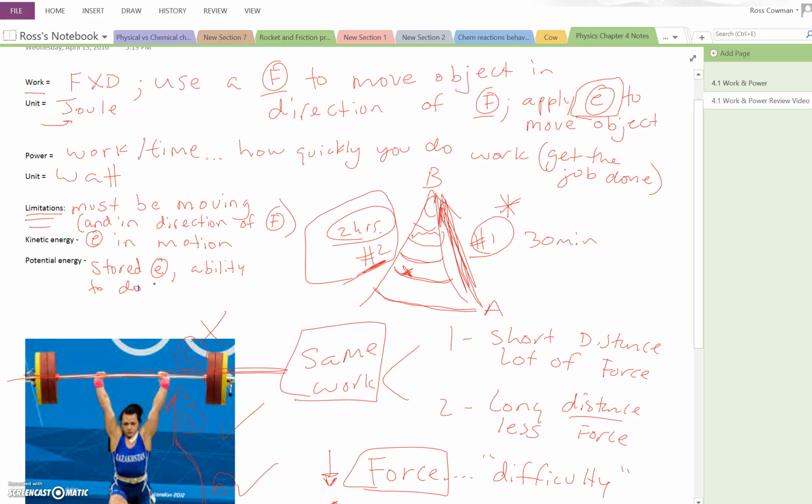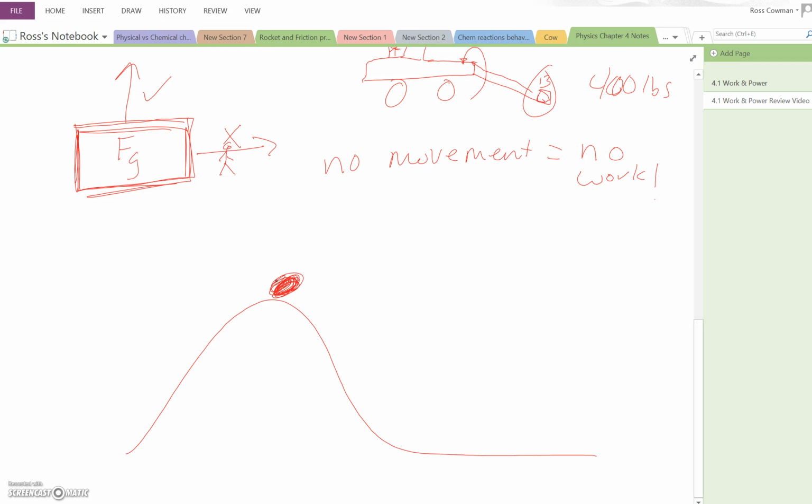So for instance, the number one example of kinetic and potential energy is a rolling ball versus a ball at the top of a hill. If we have, once again, our sloping hill, we have a ball that's up here, and it's just sitting here. It hasn't moved yet. It has potential energy. It has the potential to move in the direction of a force. It has the potential to go down this way.